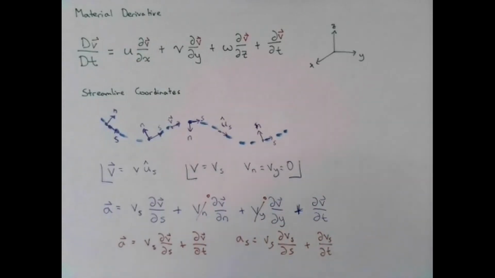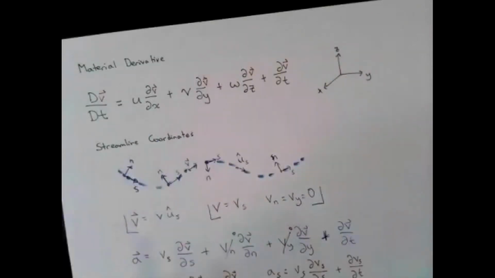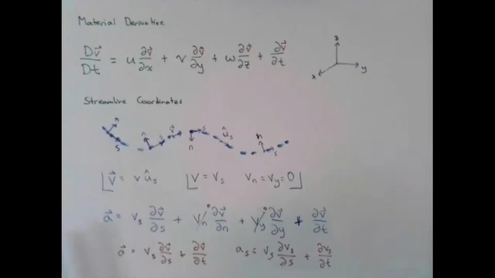Now, of course, in order to use this streamline coordinate vector, we're going to have to learn a little bit about how flows travel through streamlines, and that's all we're going to do during the next couple of weeks. So I wouldn't want you to focus too much on this. I would recommend that you read the notes so that you can see how we derive the acceleration vector in the n direction. But other than that, are there any questions with this material so far?